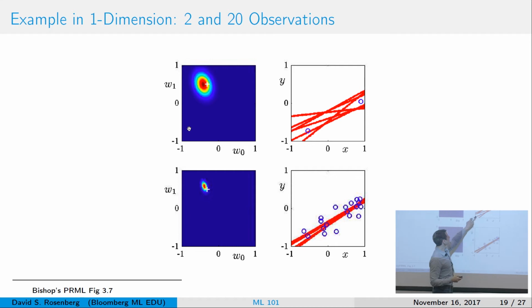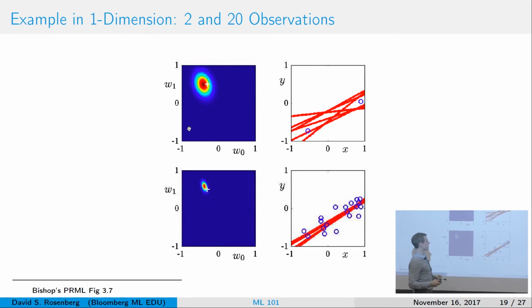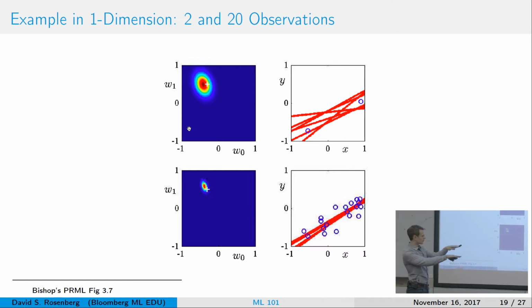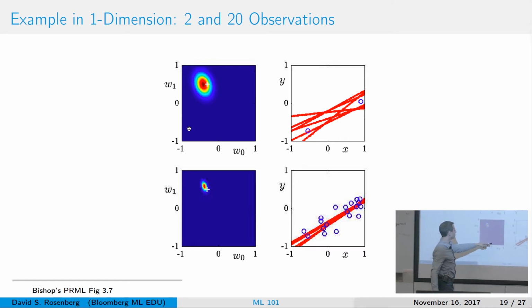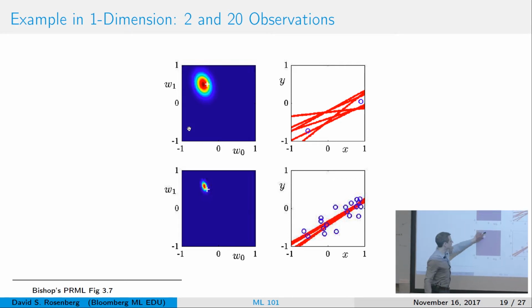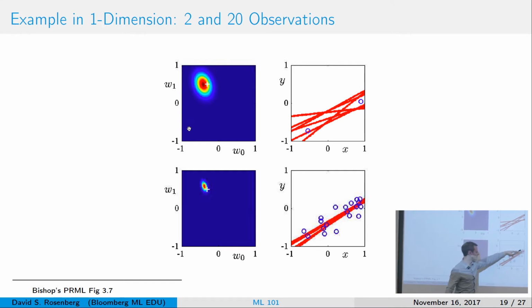Here's after 20 observations, and you can see that the red lines are really converging. The posterior distribution on the parameter space is getting smaller and smaller variance. And that corresponds to the prediction functions getting closer and closer to each other.